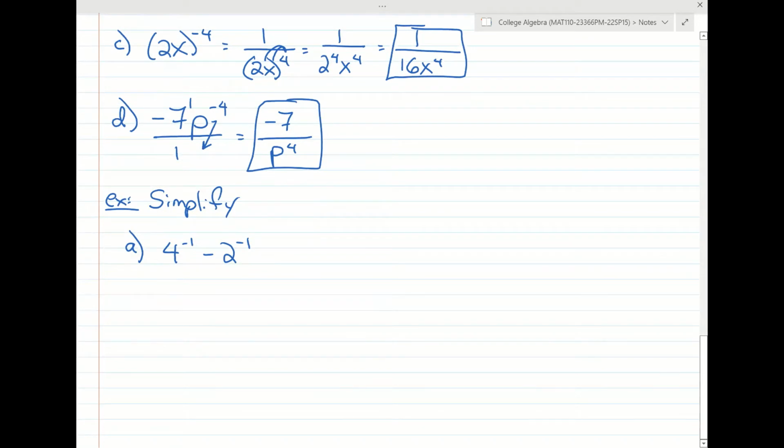We don't really use decimals from this math level on up to pre-calculus and calculus. We usually keep everything with fractions. So this first 4 to the negative 1st is just 1/4 minus 1/2. Bring them to the denominator, and then get a common denominator to simplify. So 1/4 minus 2/4 is -1/4.